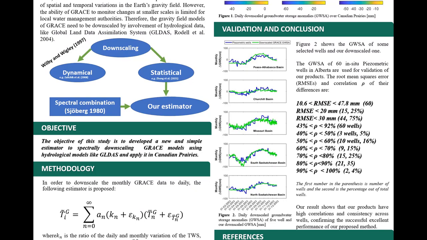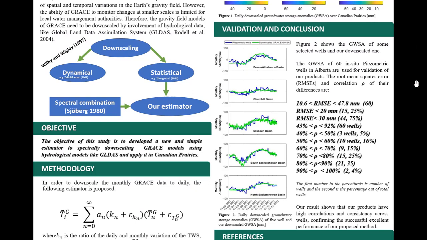As you see, the green and rather smooth line is what we have estimated by the estimator, which combines GRACE and hydrologic models. And the blue one is the in situ groundwater storage anomalies from piezometric wells. And there you will see a very good correlation between these two. And also the numbers and the statistics are seen on the right side.